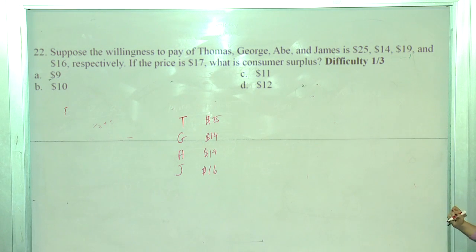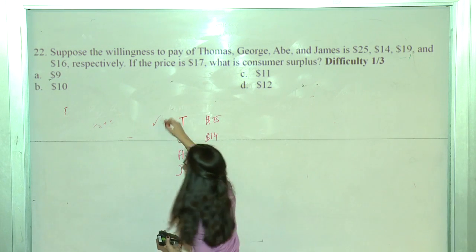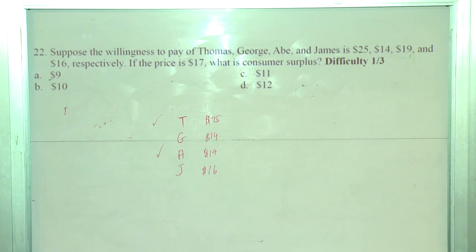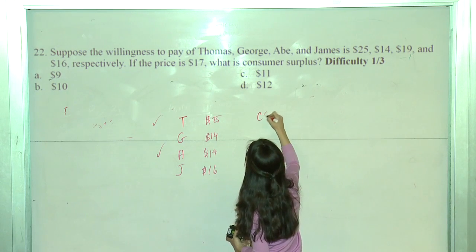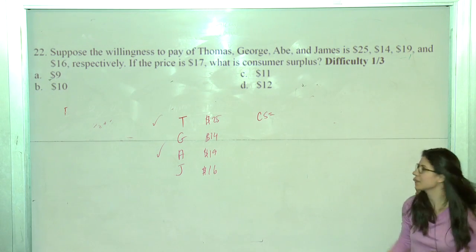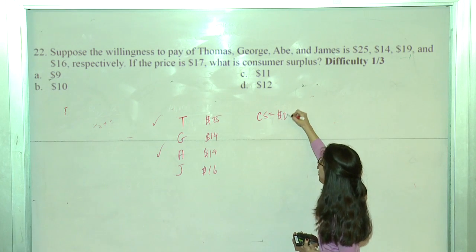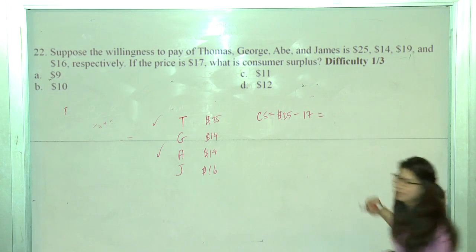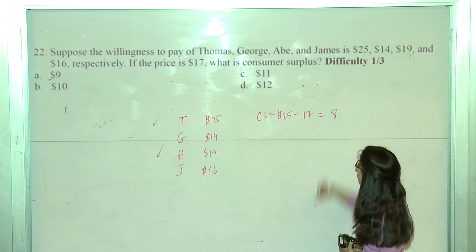So which of these guys are actually going to be purchasing the good? Yeah, Abe and Thomas. So how do we calculate consumer surplus, given willingness to pay and the actual price faced? Perfect. So the consumer surplus for Thomas is going to be equal to 25 minus 17, which is 8. Excellent.